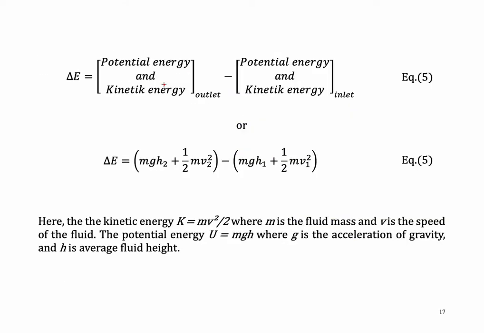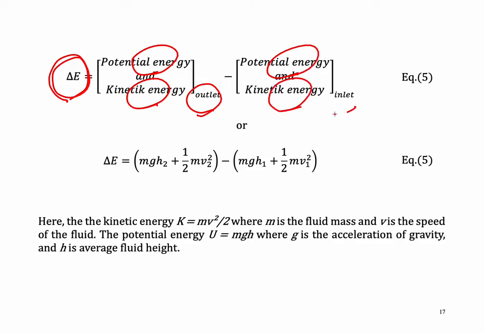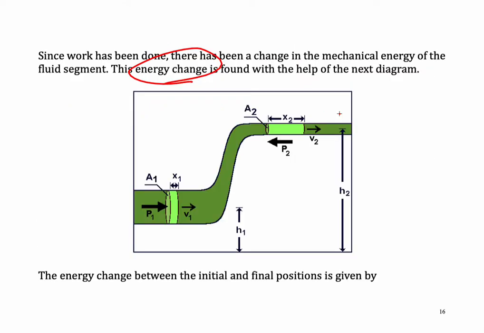So we can see that the energy difference is the potential energy and the kinetic energy at the outlet minus the potential energy and kinetic energy at the inlet. According to this diagram, in normal conditions water cannot go to a higher level because the energy is not enough.